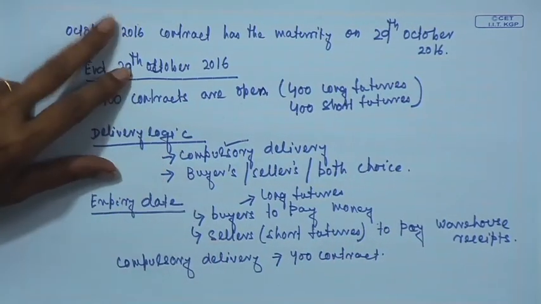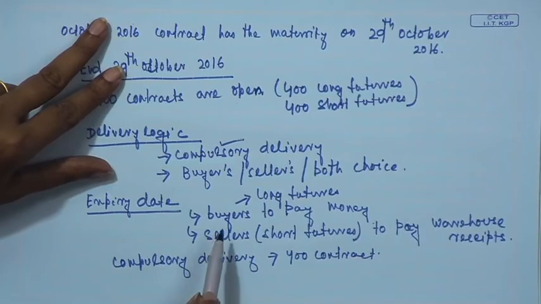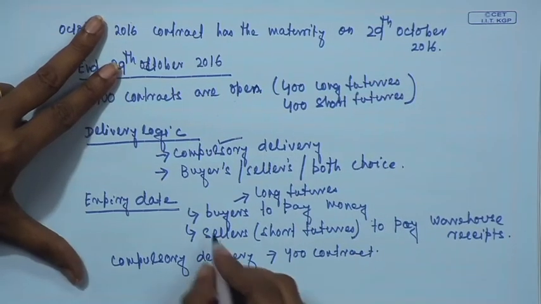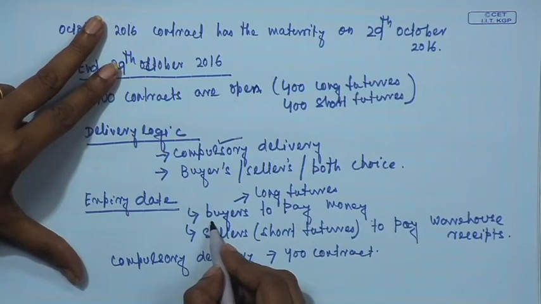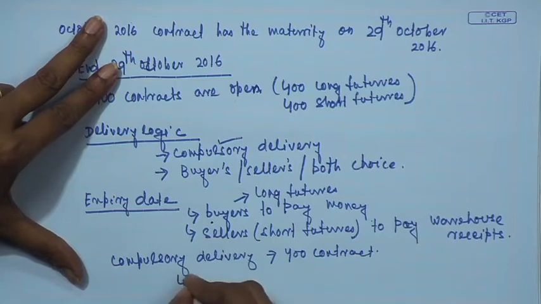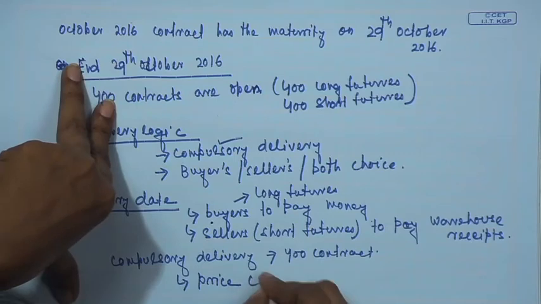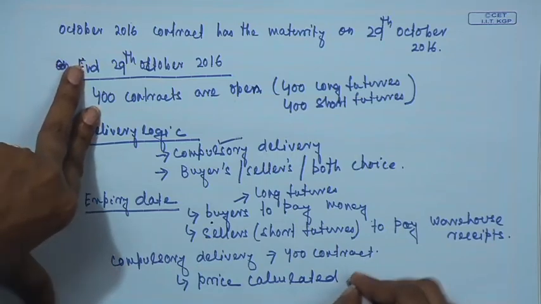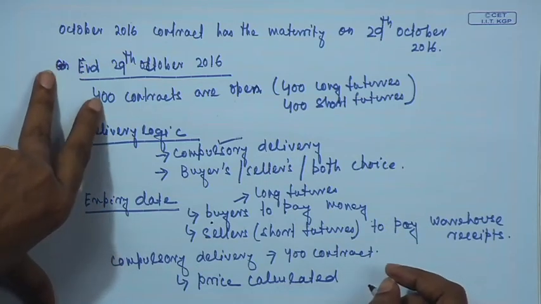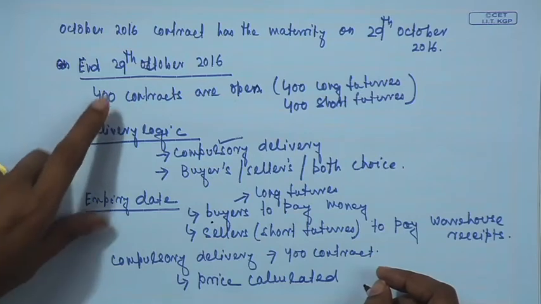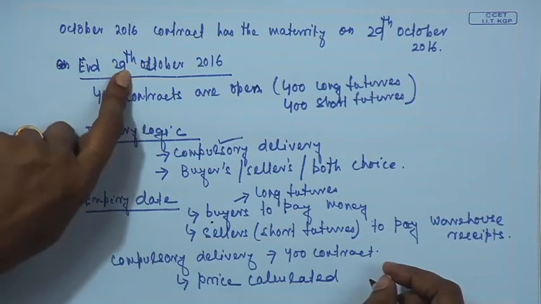Now, what is the amount of money that will be paid by the buyers? The buyers will be paying the price calculated by the exchange on the last day of the contract maturity, that is the price prevailing on the 29th October.